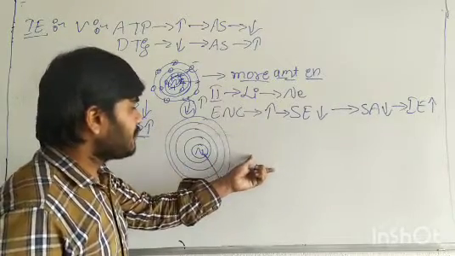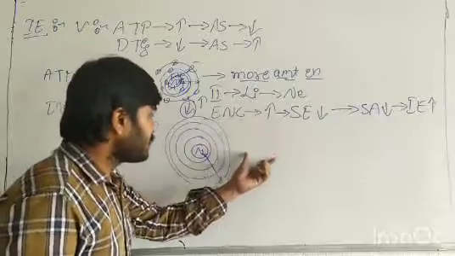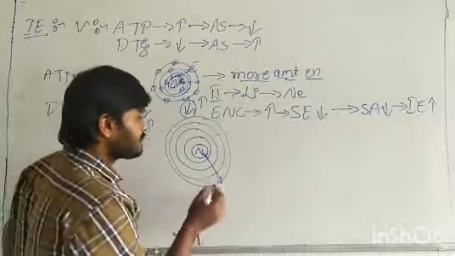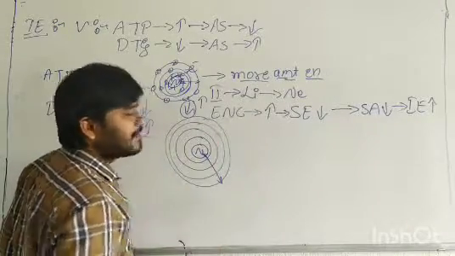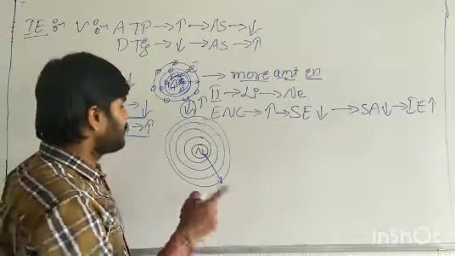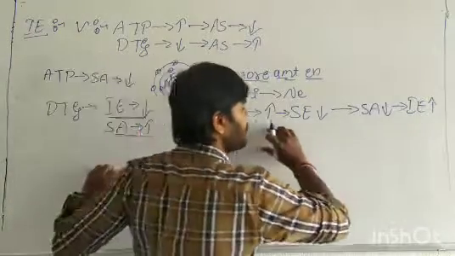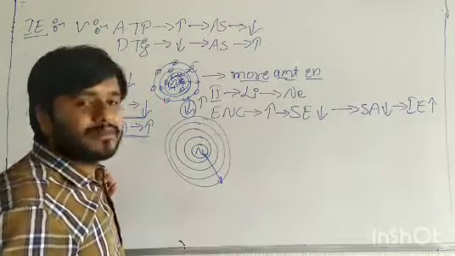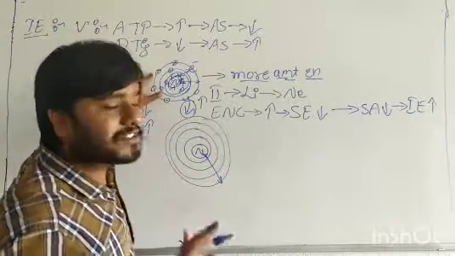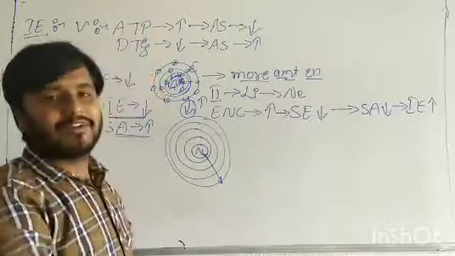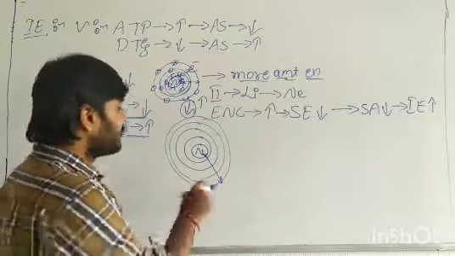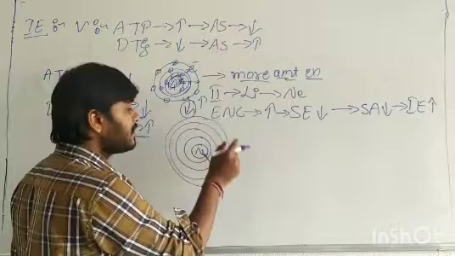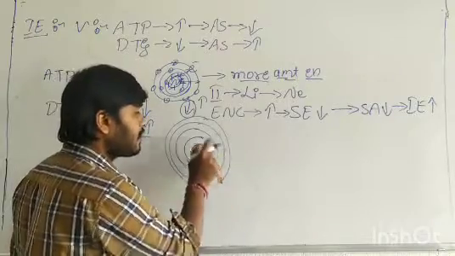When we move down the group, we have to add one more extra orbital to the atom. Whereas moving along the period, we don't need to add an extra orbital, we are adding an extra electron to the same orbital. Whereas down the group we are adding an extra orbital.